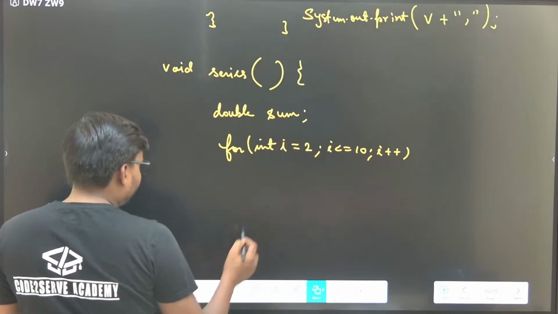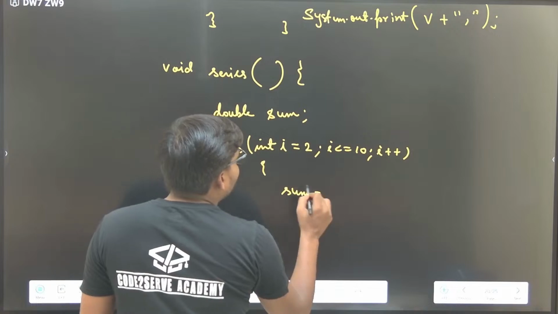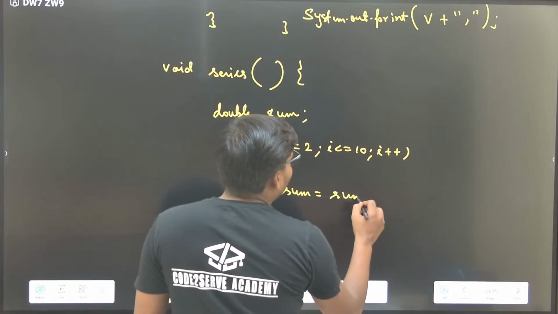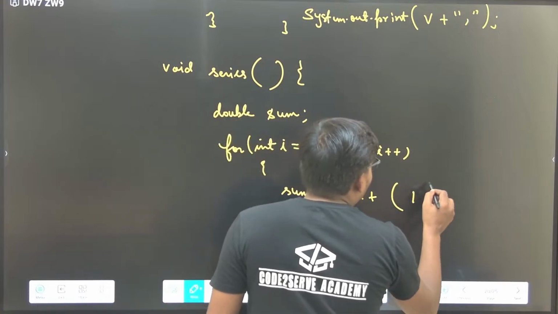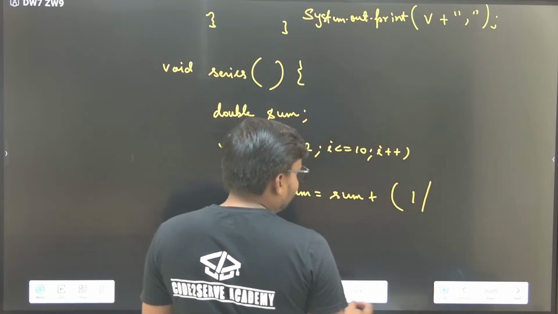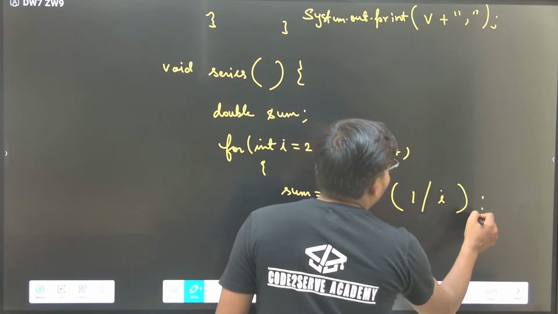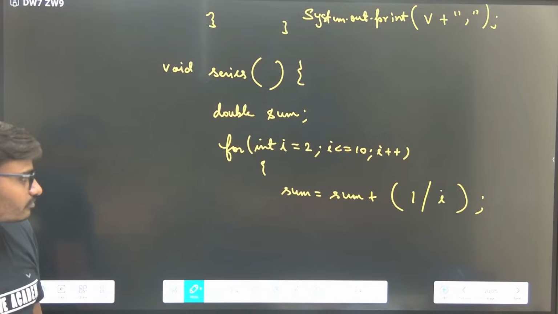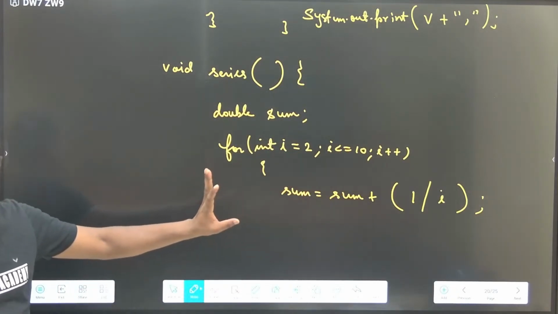So what you will do over here, you will say sum is equals to sum plus 1 divided by I. So it will get divided and it will get appended over here.